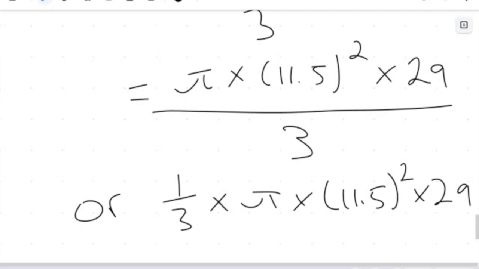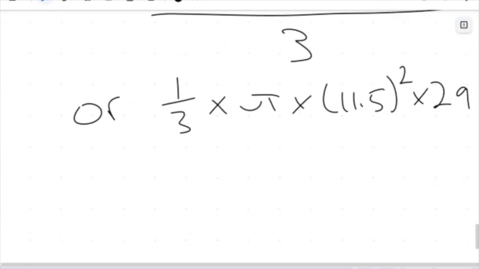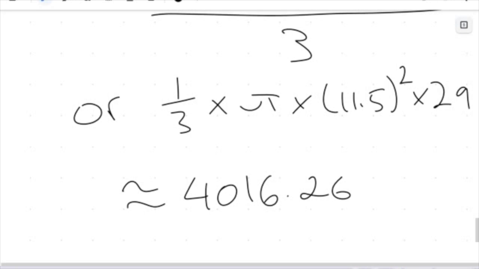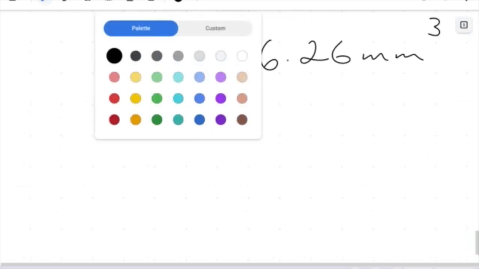Because dividing by 3 is the same as multiplying by 1/3, we can present this equation in a number of different ways, but it's communicating the same idea. It's telling me that the volume of a cone is always going to be 1/3 of the volume of a cylinder with the same dimensions. Now, when we put this in here and round to 2 decimal places, this is going to give me approximately 4016.26 millimeters cubed.